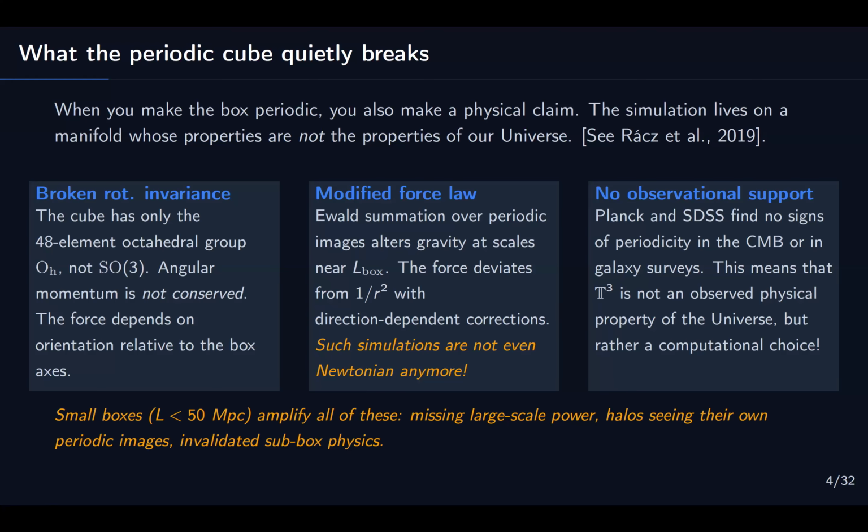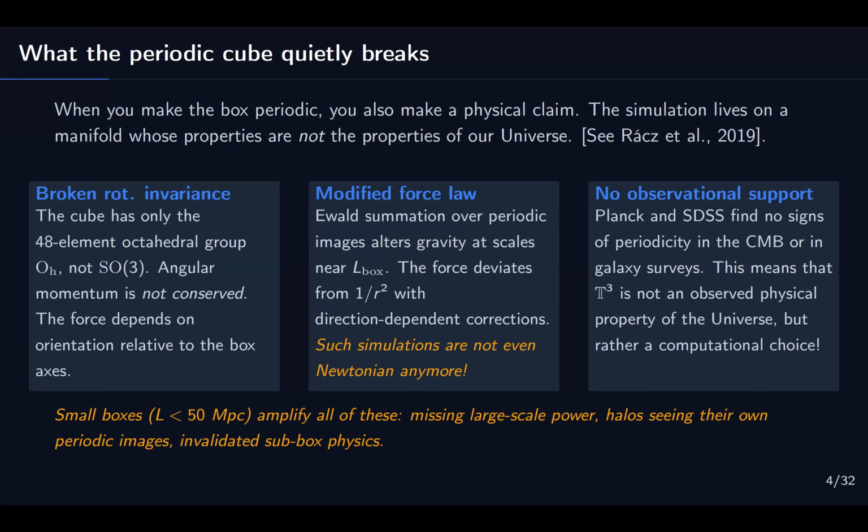And obviously, you need some kind of numerical tricks, which I talked about, to somehow trace this infinite amount of boxes or particles. So you use the so-called Ewald summation, usually also used in many other particle simulations, but this will distort the Newtonian force in the original equation. So actually, all the simulations from the past 50 years weren't even Newtonian. It was just some kind of strange gravitational simulation.